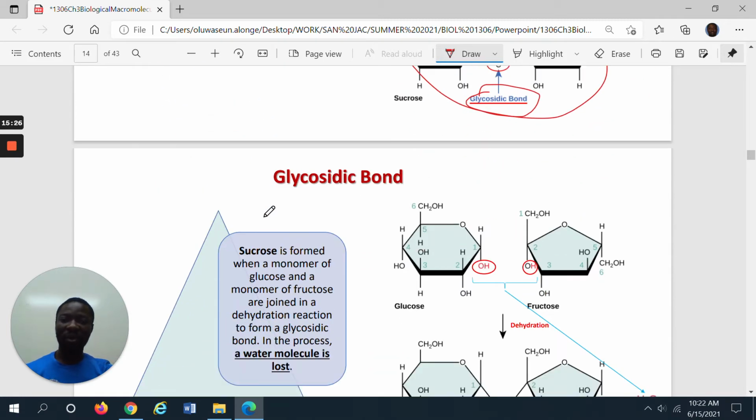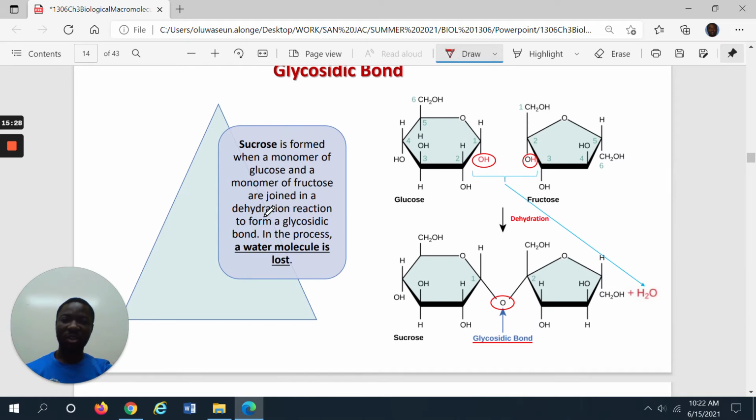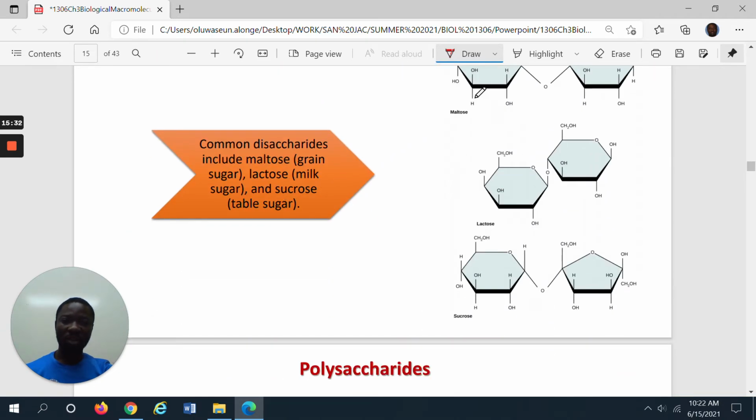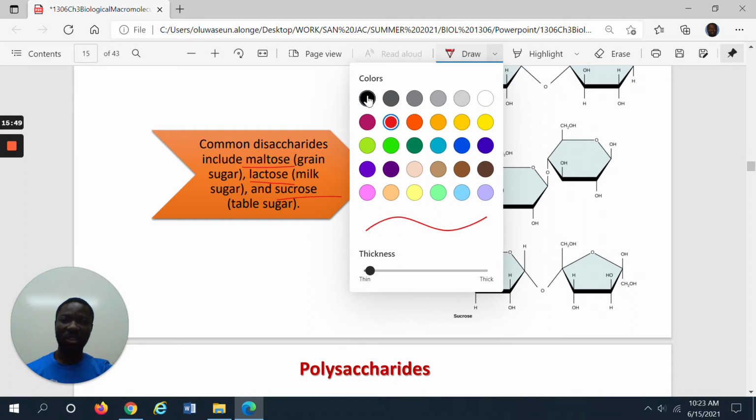Other disaccharides that we have are sucrose, maltose, and lactose. So those are the three disaccharides that we have. Like I said, sucrose is your regular table sugar.